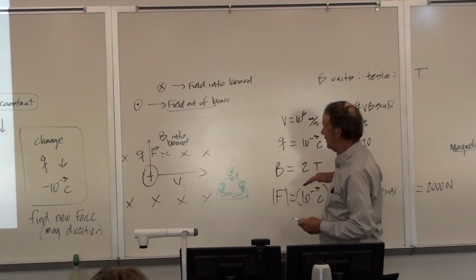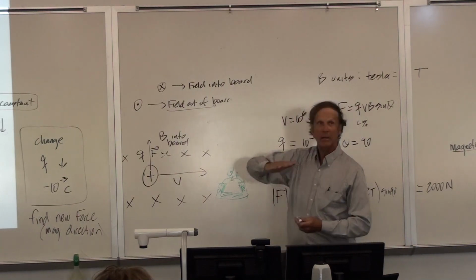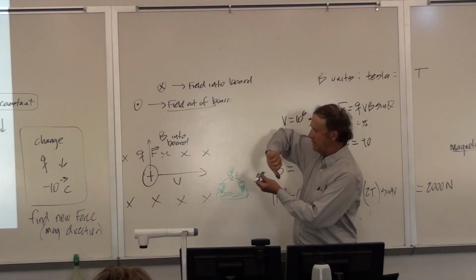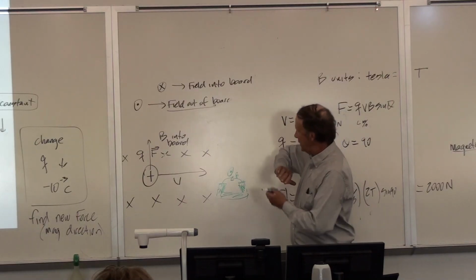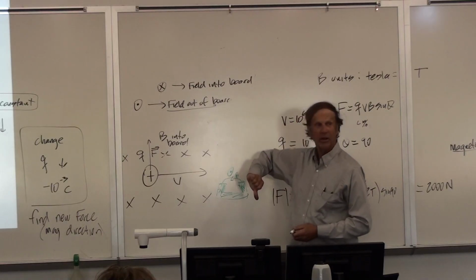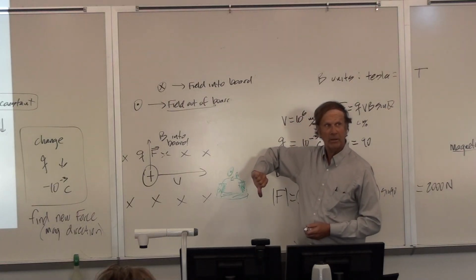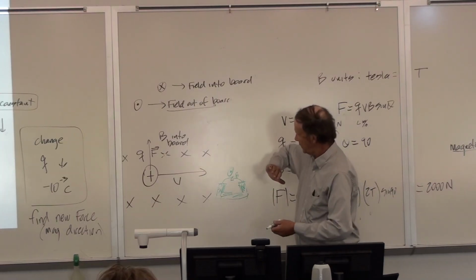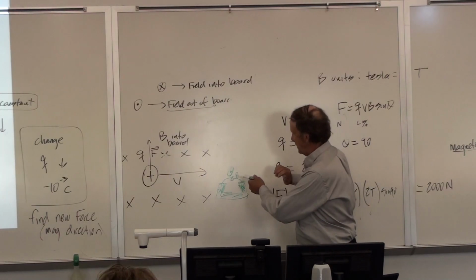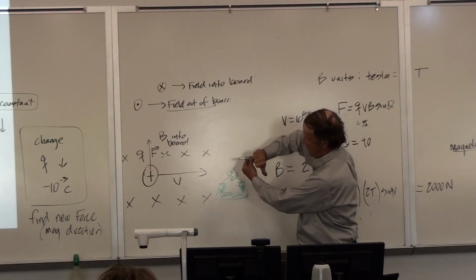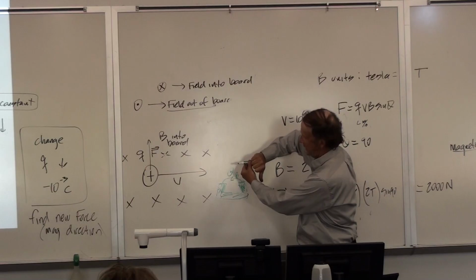So I'm going in the direction of V, out toward you, and then I'm curling my fingers in the direction of B, right? So this is V cross B. And so I'm getting a force that's down. Aren't you? Here, V, V cross B. Everybody seeing that that's a force that's down?